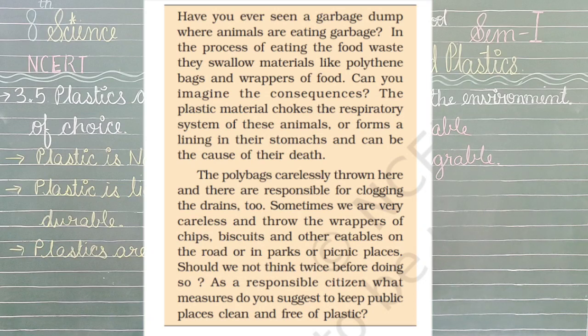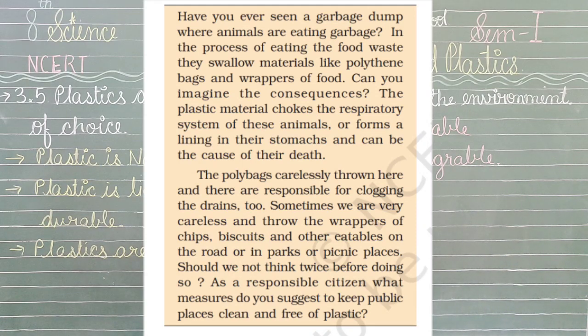Now in this paragraph, have you ever seen a garbage dump? What happens in this garbage dump? Normally people put eatable things in plastic bags, wrap them and throw them in the dustbin. But what about the animals? Have you seen animals taking it out and eating it?